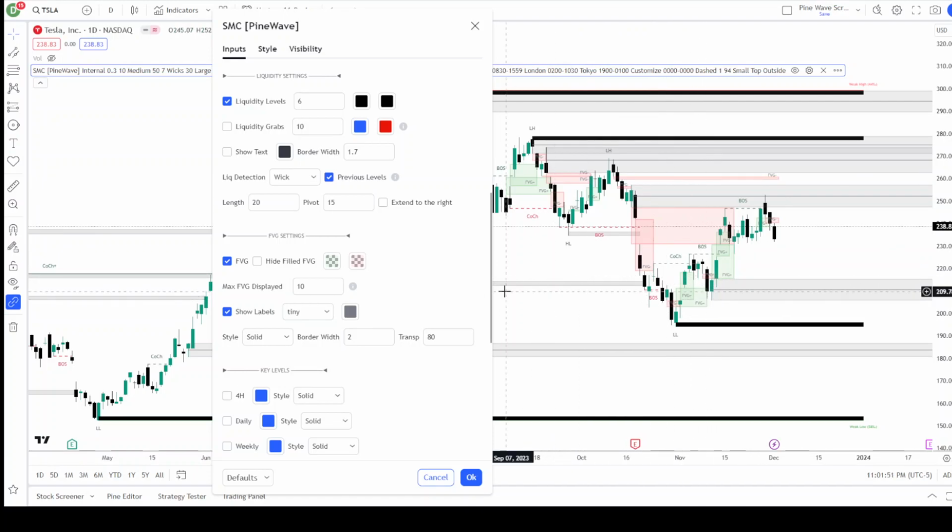So there's your labels. I'm going to see if you can move, I'm going to make a note. See if we can move the fair value gap labels to the center of the fair value gap.